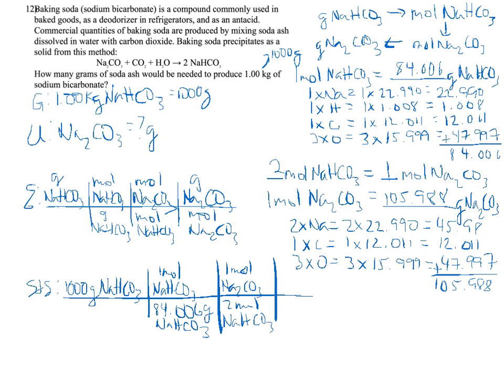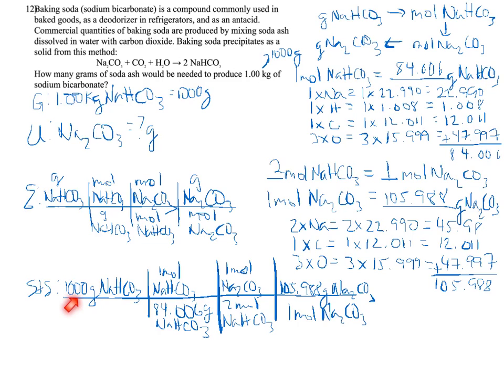And then last we use our molar mass. So that was 105.988 grams of Na2CO3 over 1 mole of Na2CO3. Okay, so what are we doing math-wise?